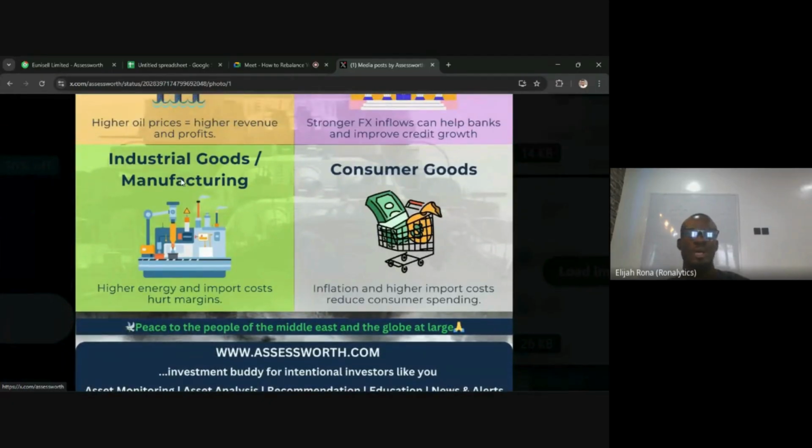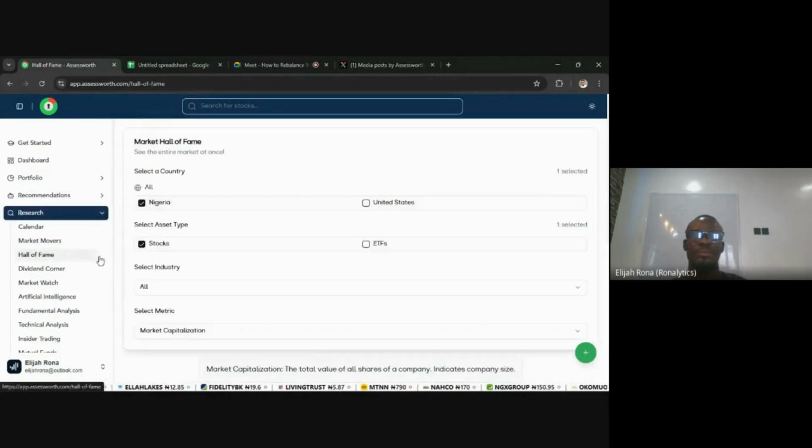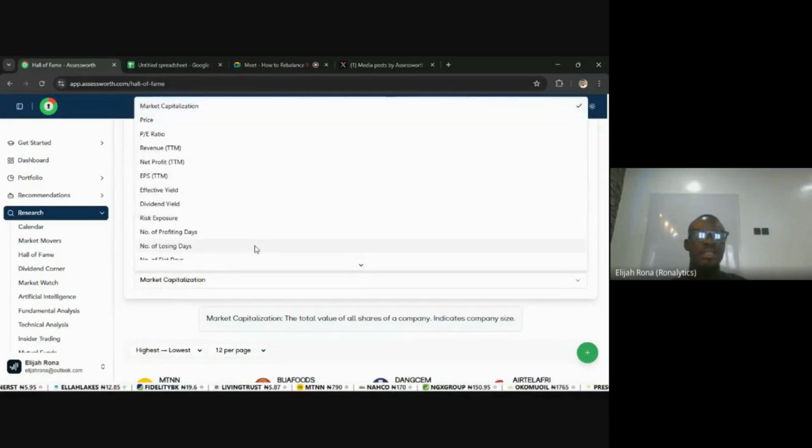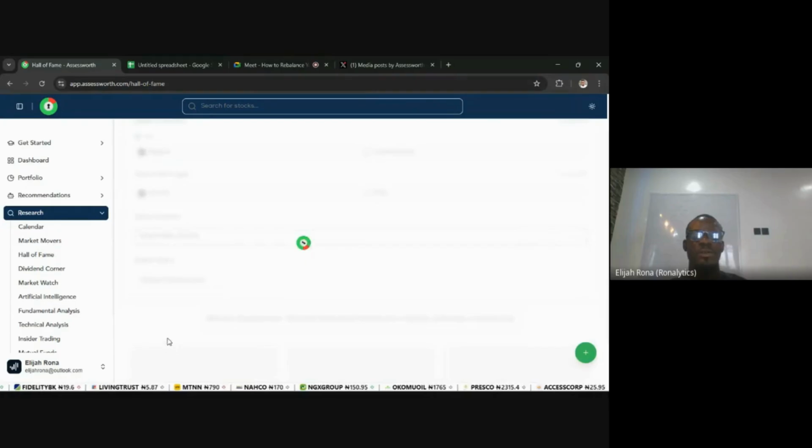So we look at the industrial goods and manufacturing. So the higher energy and import costs will hurt their margin. So these companies in this industrial goods slash manufacturing, coming back to Hall of Fame, right? Let's select, I think there should be industrial goods somewhere. Yes, industrial goods.